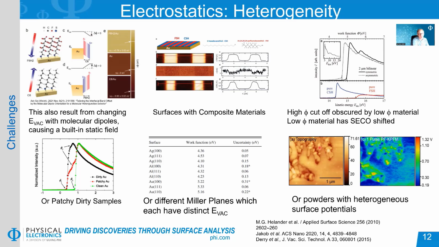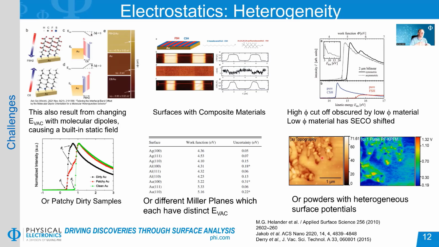nanostructured powder. And then they did Kelvin force microscopy, which gives you the local work function, or the change in the contact potential difference on the end of a tip as it passes over the material. And you can see that there is over a volt of difference just in this powder. And that's very common for powders. It makes powders very difficult to analyze with UPS or LEIPS because you have such a broad distribution of local electric fields.